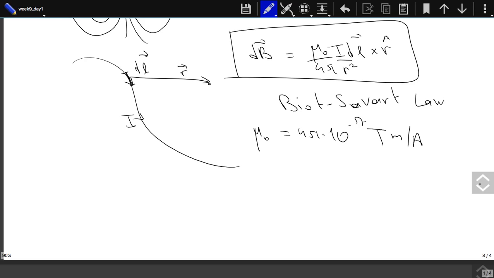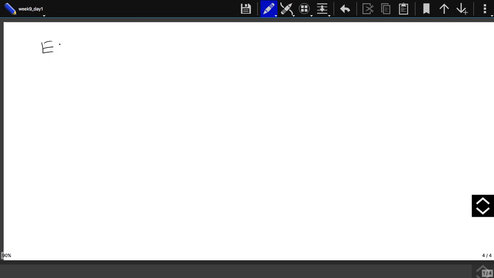Well, you wouldn't start with such a wire. You would rather make a controlled experiment using parameters that you can control. So what you would do is you would start with a straight wire that carries a current I.